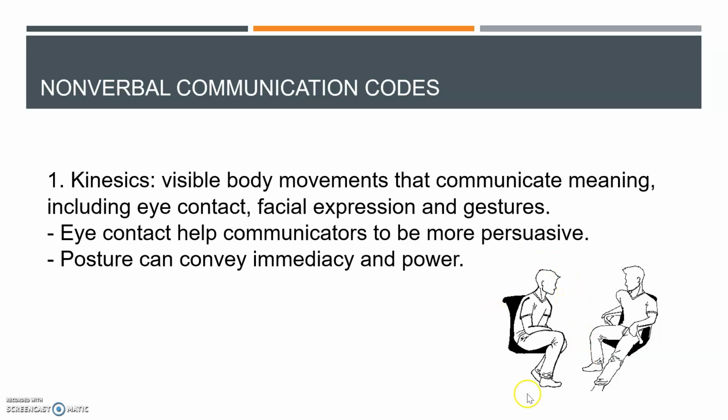Apparently, he is more submissive in this conversation and he is more interested in it. Whereas this guy is in a really relaxed and expansive posture and it seems that he is the boss here. And of course, compared with the other guy, he is less interested in this conversation because he is leaning back a little bit.